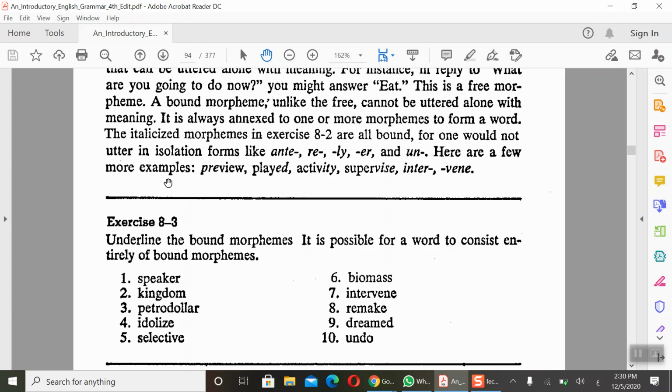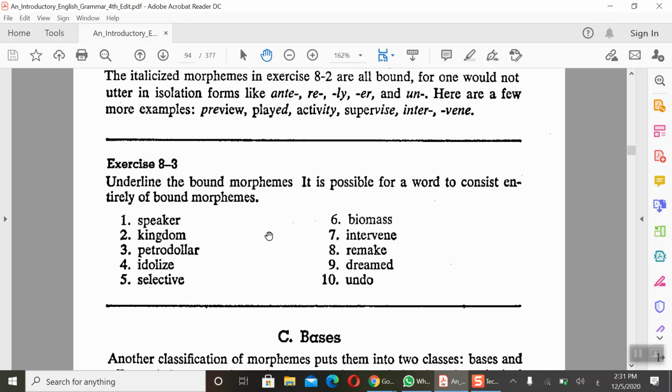You see here, for example, here we have another example. Preview. Pre. Alone it cannot, but we put it with another word. Played, ed is what? Bound. But play is what? Free, from its name. Activity, active, free. Ity, here, bound. Supervise, enter, etc.